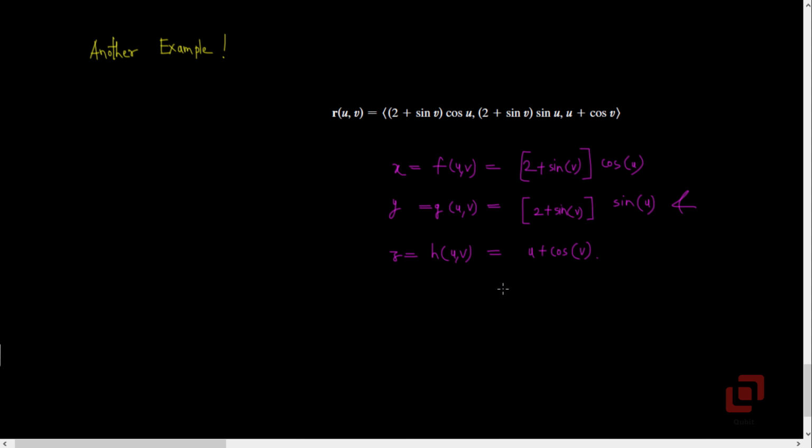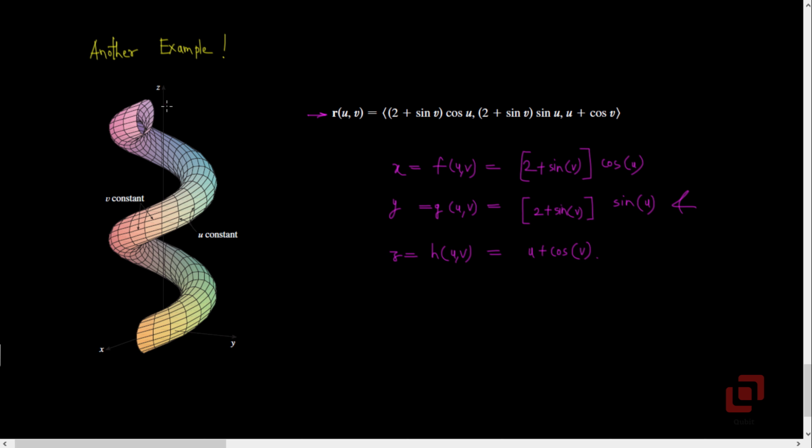Using any grapher software such as GeoGebra, you can actually plot this particular parametric surface and it looks something like this. Do you see these lines here? These lines are nothing but the grid curves. The grid curves u equal to constant are the circles and the grid curves v equal to constant are spirals.